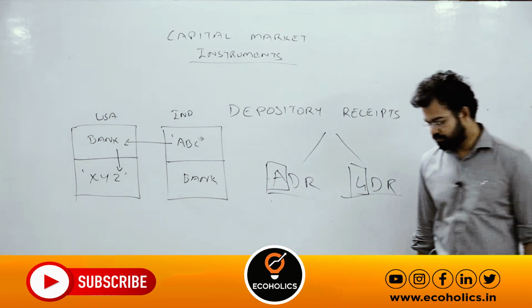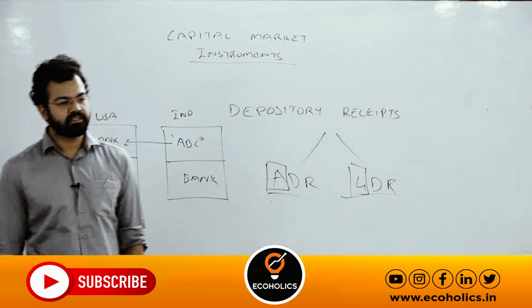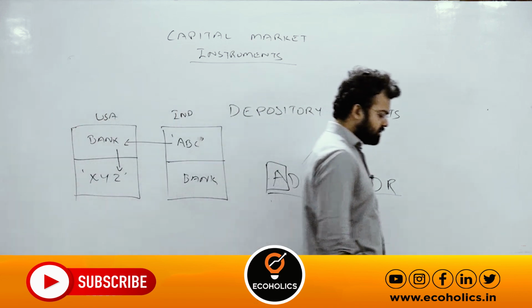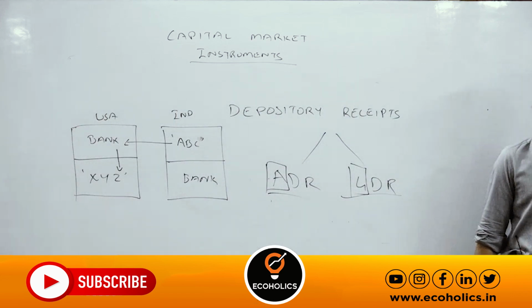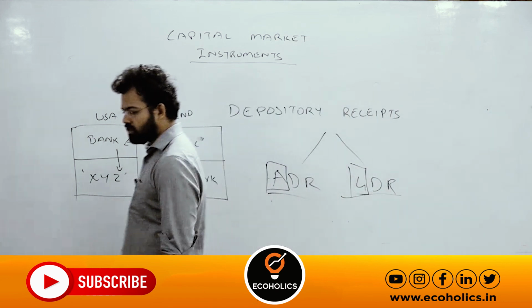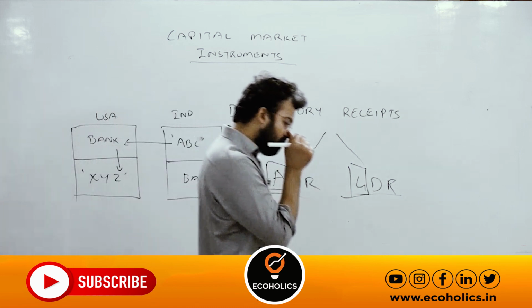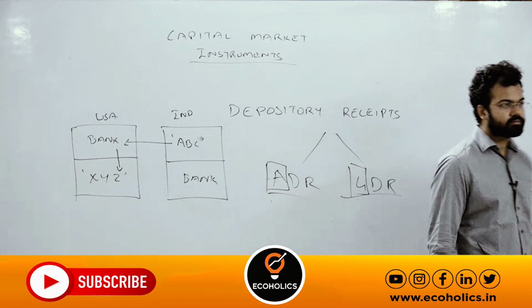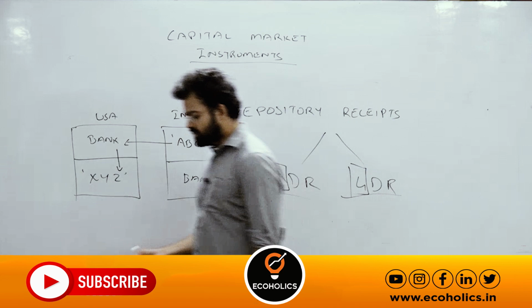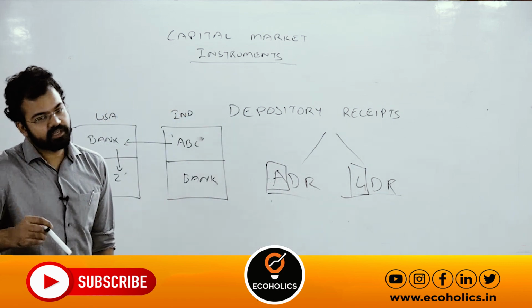The reason behind this is that company ABC and XYZ are unknown of each other, and there is a trust deficit between them.